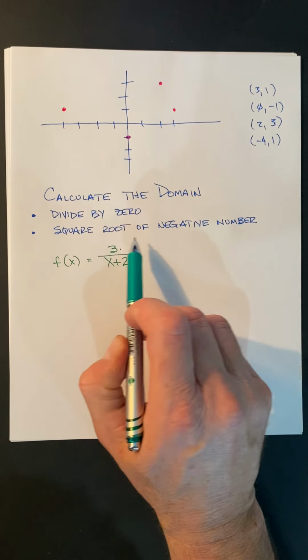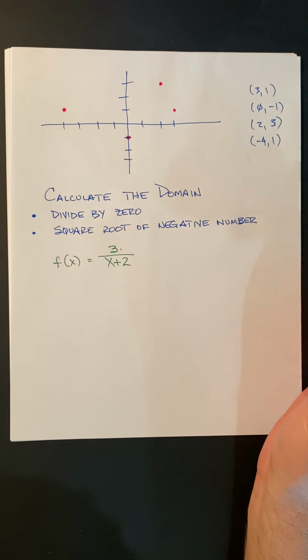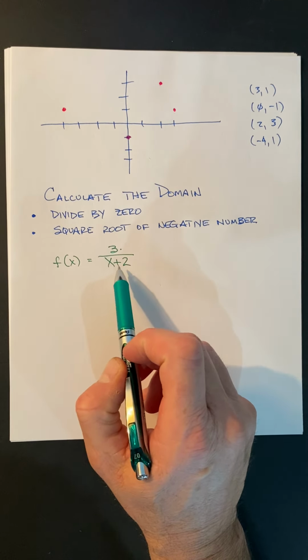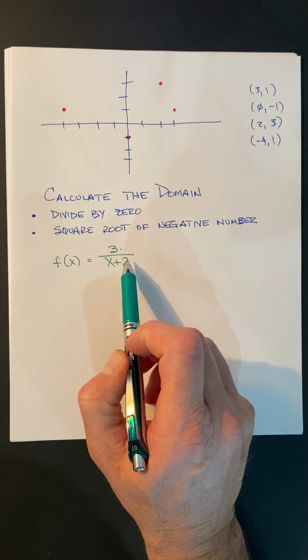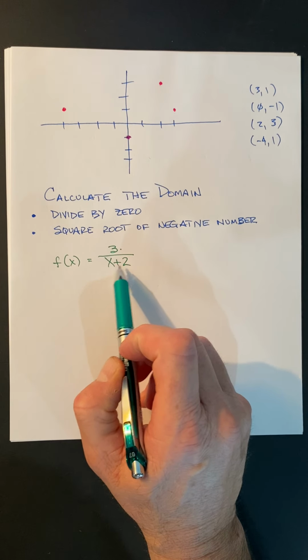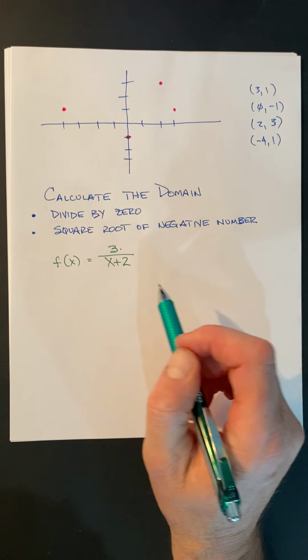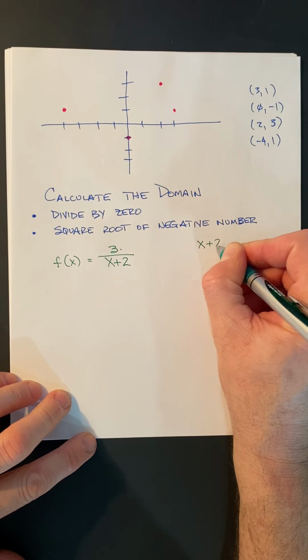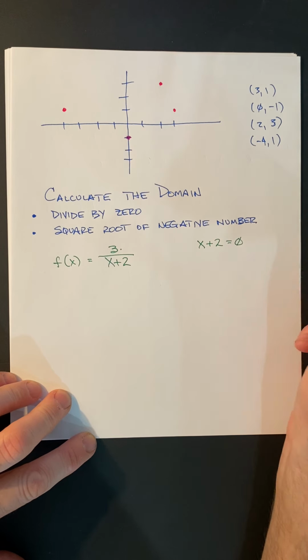Well, there's no square roots here, so I don't even have to worry about it. But I've got a denominator here. So I have to make sure this denominator is never 0. Well, how do I do that? Let's go figure out what values make it 0, okay?